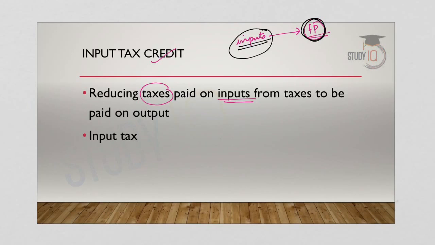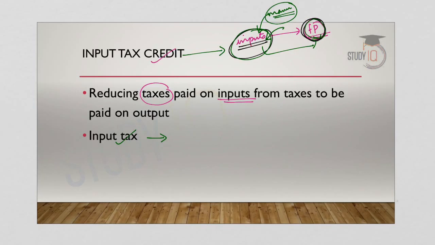So input tax credit means reducing the taxes paid on the inputs. This manufacturer would have paid some taxes for the inputs he purchased, and for the final product also there will be a tax. So input tax credit means subtracting the taxes paid on the inputs from the taxes paid on the output.